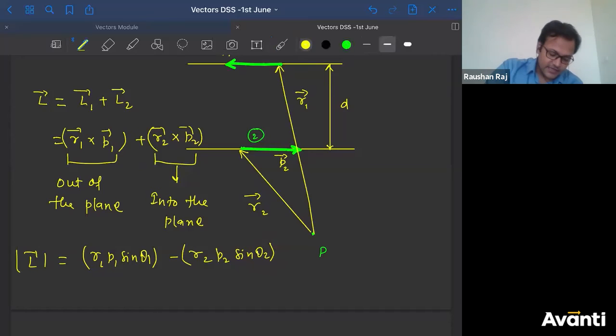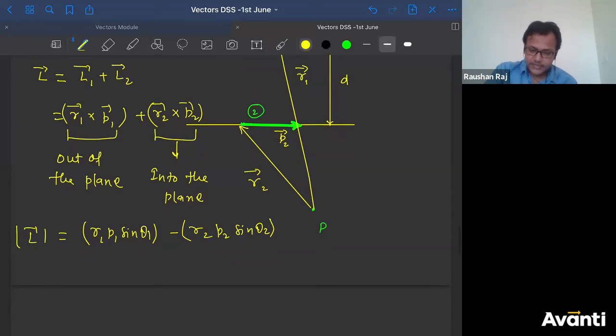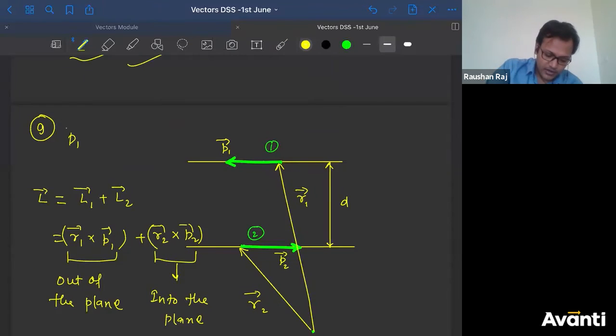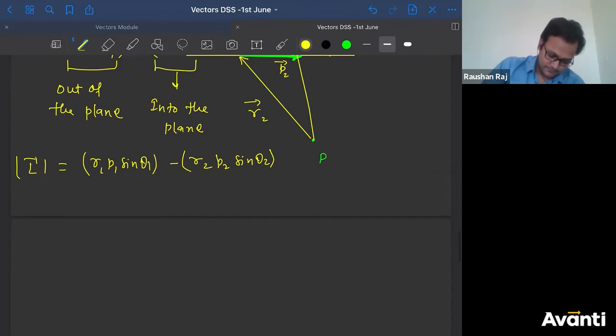Now tell me, since P1 is equal to P2. How did I say that? The magnitude of P1 is equal to the magnitude of P2, because P is m into v, mass into velocity. Both of them have the same speed and same mass. So P1 is equal to P2. I'm taking P out.